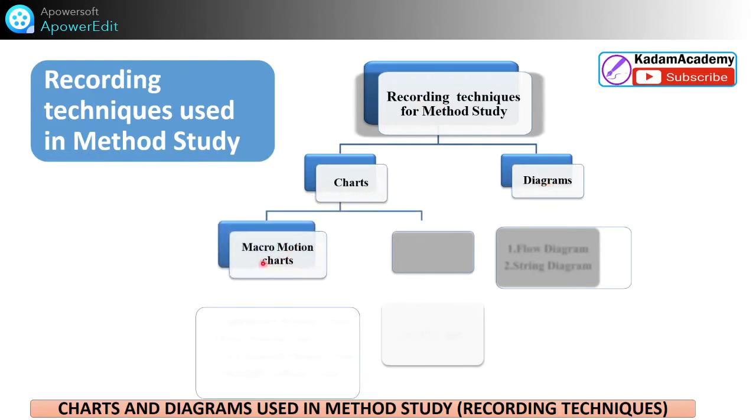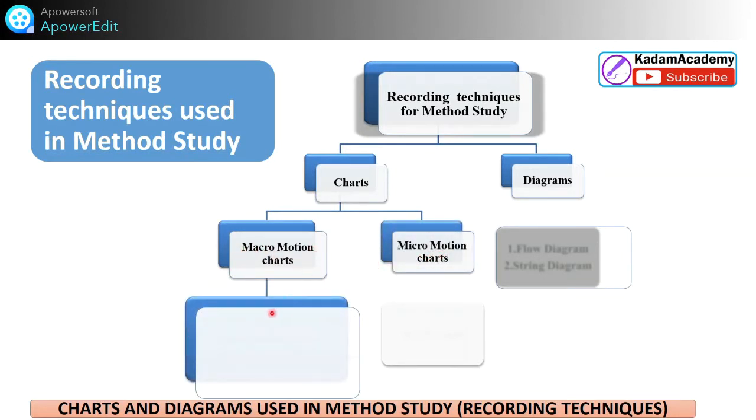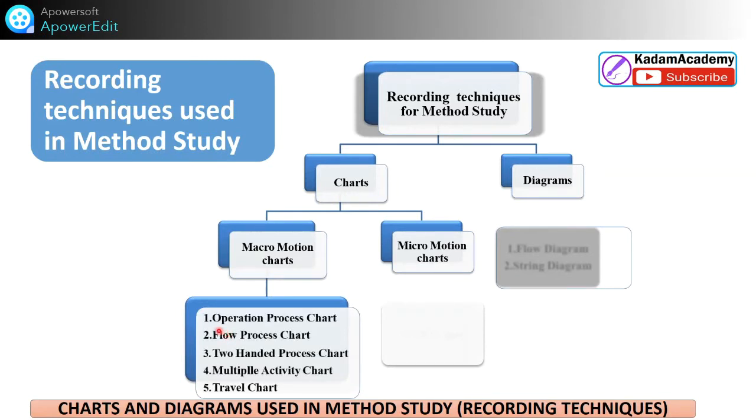Under the charts, there are macro motion charts and micro motion charts. Under the macro motion charts, we are going to study five different methods: operation process chart, flow process chart, two-handed process chart, multiple activity chart, and travel chart. Under the micro motion charts, we will study the SIMO chart.